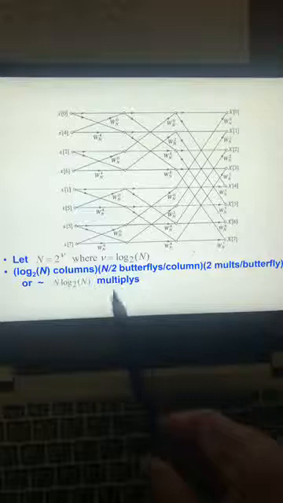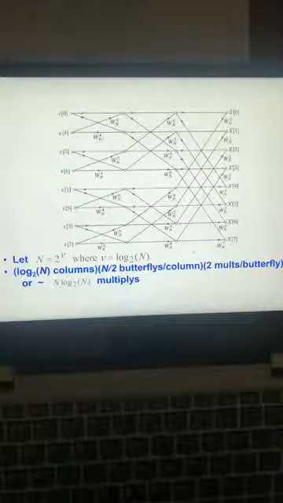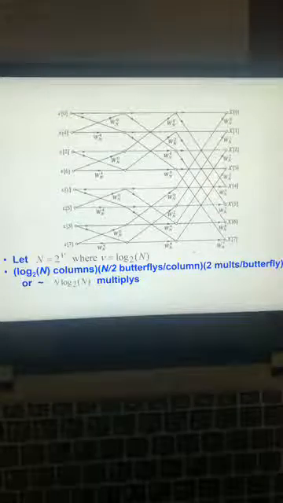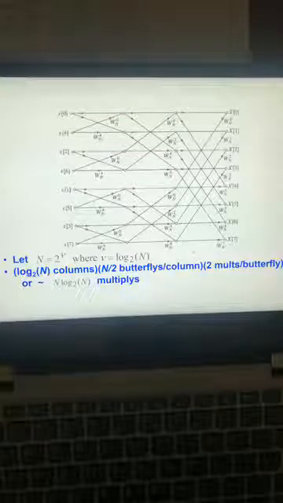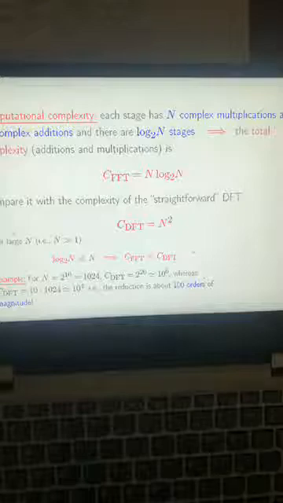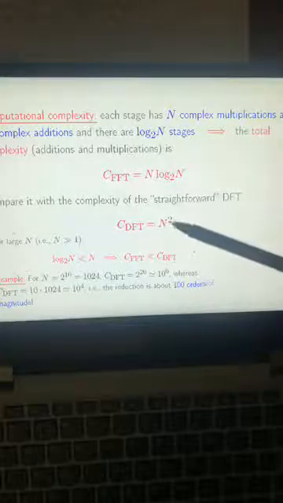So the amount of computation is reduced to N log base 2 N, because log base 2 N are these stages, and N by 2 are the butterflies. The number of multiplications is reduced to N log base 2 N instead of N squared.